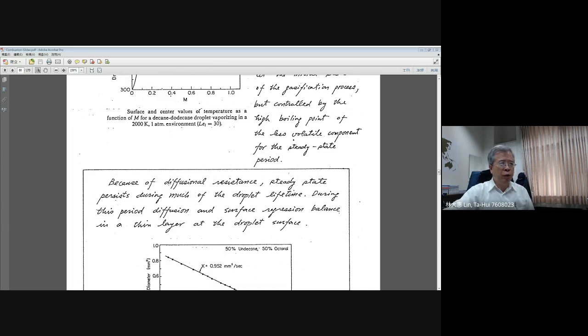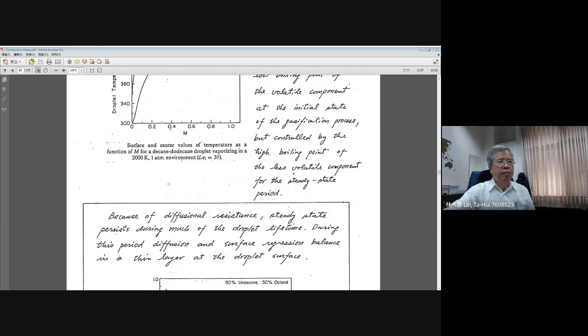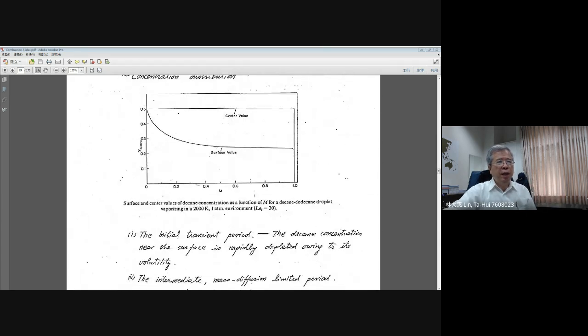I will tell you about that. Since those mechanisms are limited by the mass diffusion transport, they still show you they can maintain a concentration difference, which means for decant they can have 50% at the center and 25% at the surface, and it continuously remains constant until the end of the droplet lifetime.